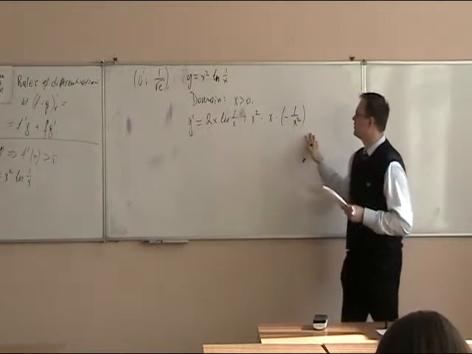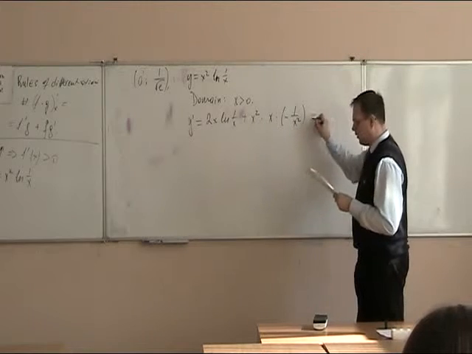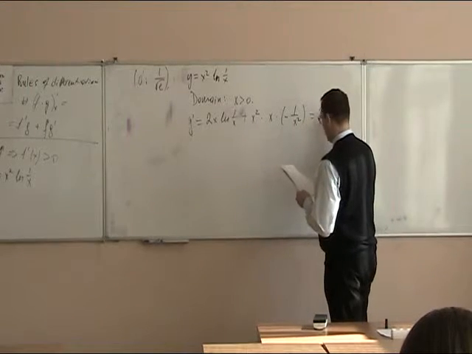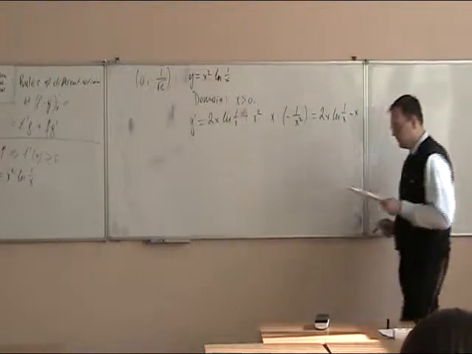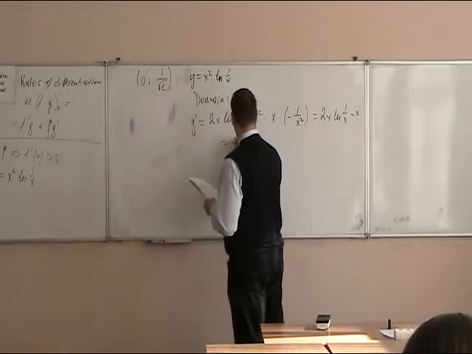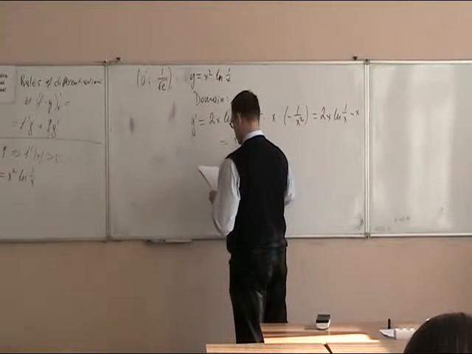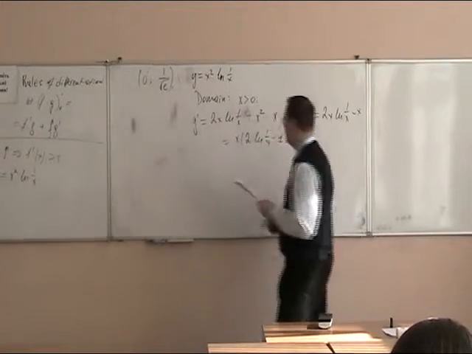This was the chain rule of the derivative of this one, which basically looks like 2x log 1 over x minus x, which is x times 2 log 1 over x minus 1.